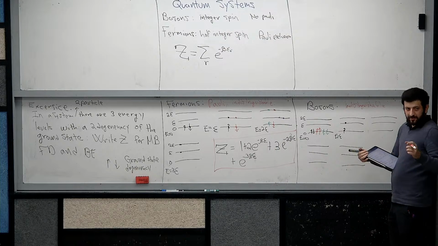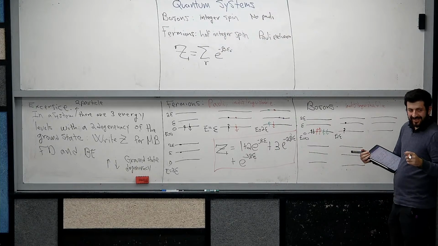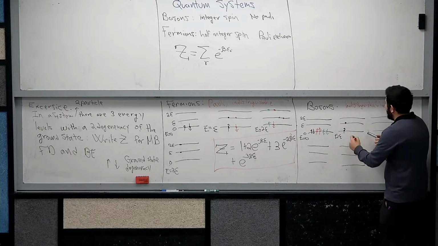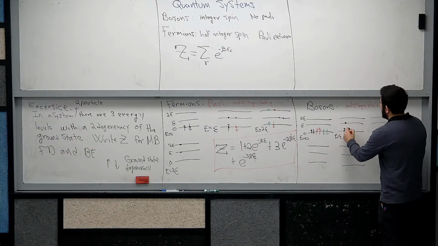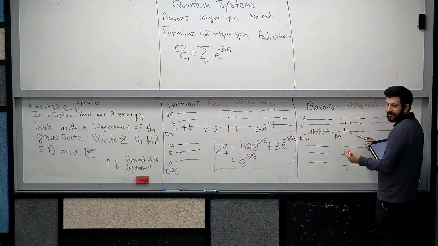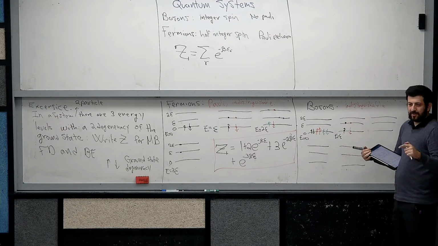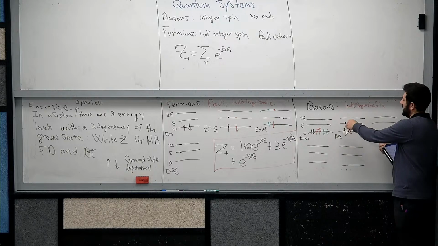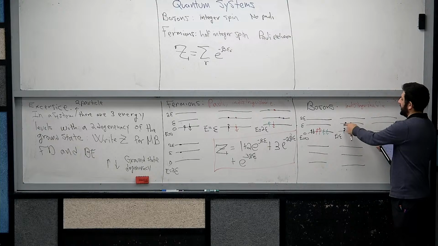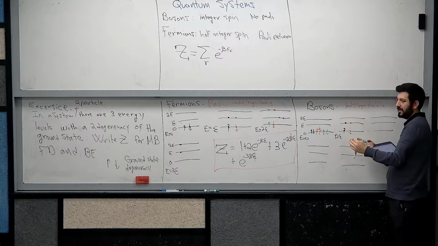I know that there is another possibility. Sure, the other possibility should be a particle in the down state and another particle here. Is there any other allowed possibility? No, because here we don't have any degeneracy, so we cannot put anything else.